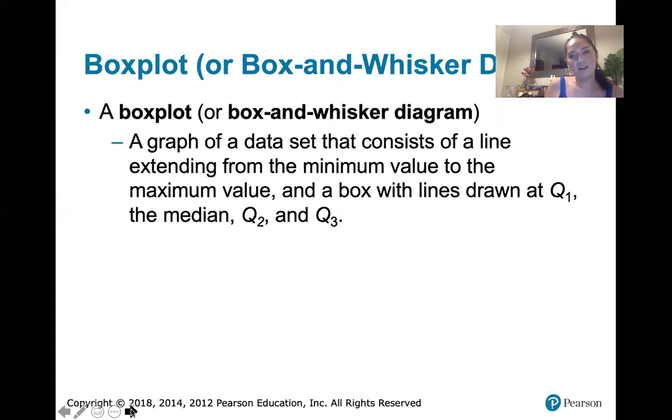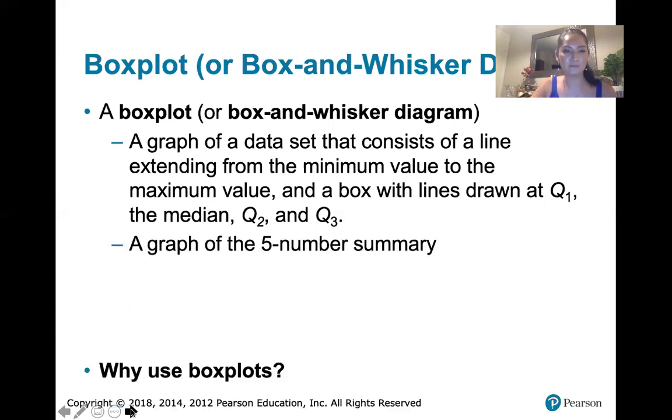So we've got a little box in the middle that is basically showing us that middle 50% of our data. And then we've got a line extending beyond that that shows us the rest of our data. So this is just a visualization of that 5-number summary.